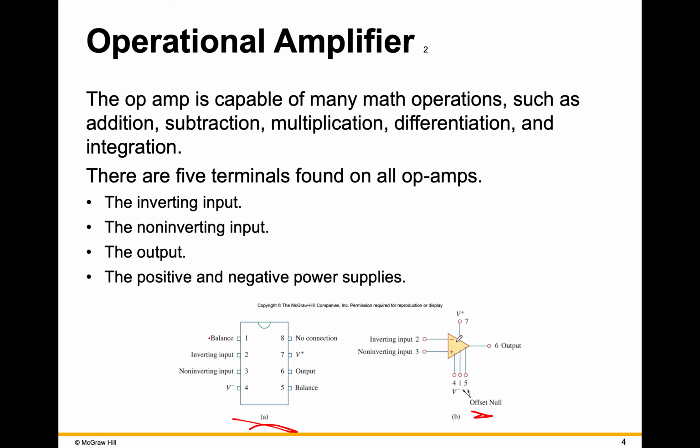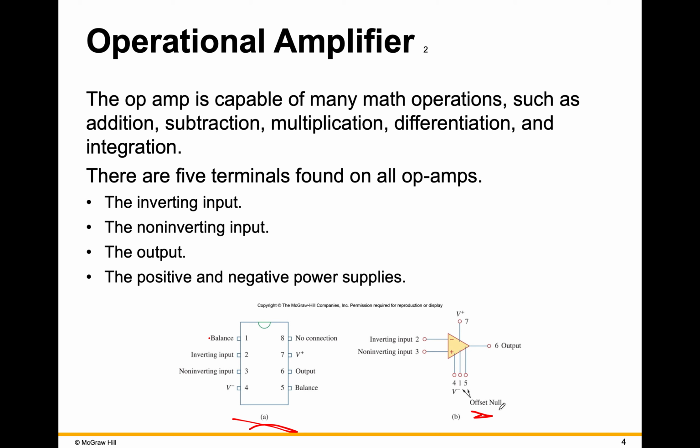That does not mean that one of them has a negative voltage and the other has a positive voltage. So think of the plus and minus in the op-amp world as indicating non-inverting and inverting. Then there is an output. The V plus and V minus are typically left out of a circuit schematic. It is assumed that they are there.